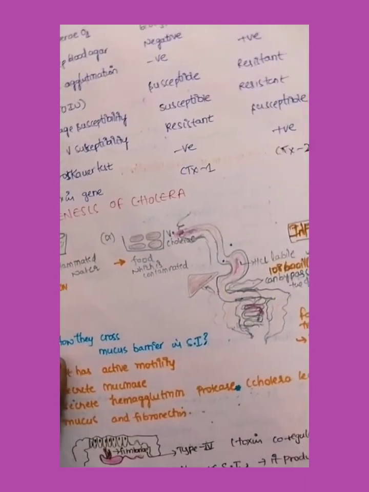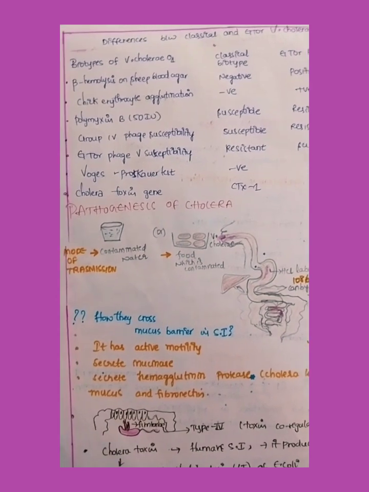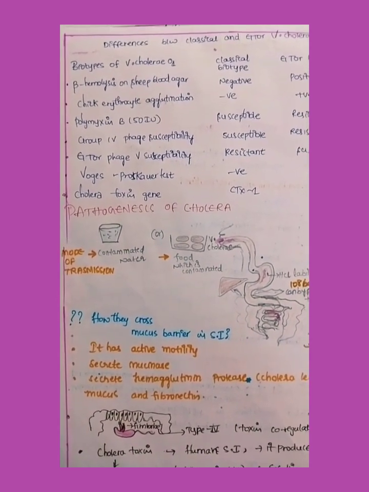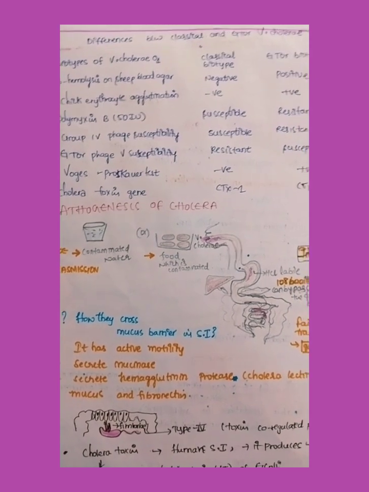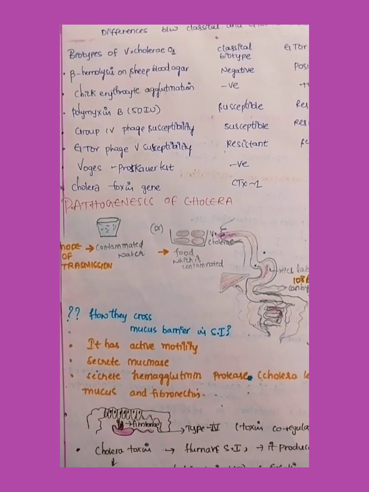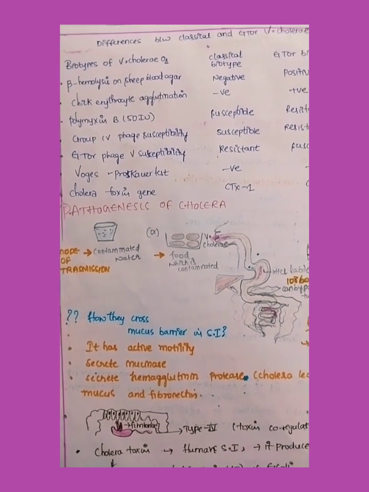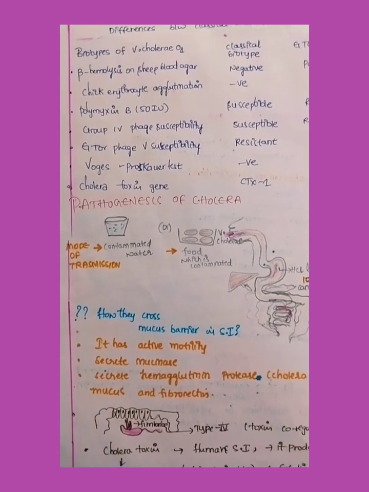Let's discuss the differences between classical and El Tor Vibrio cholerae, the biotypes of Vibrio cholerae O1. Based on beta hemolysis on sheep blood agar, beta hemolysis is seen with El Tor but not with classical biotype.